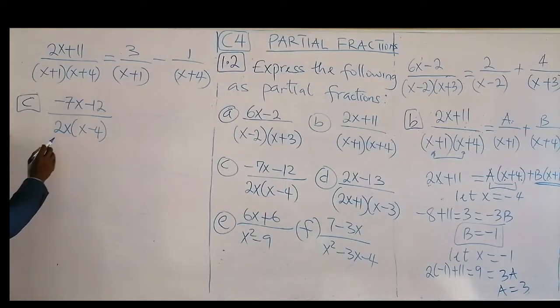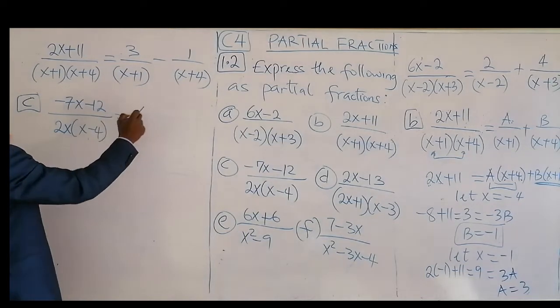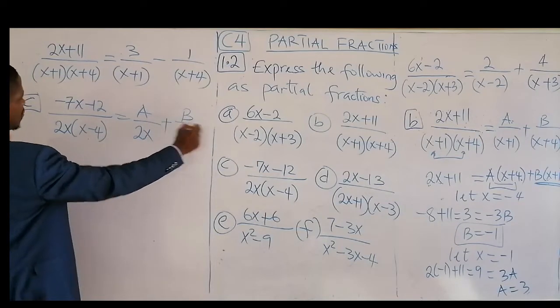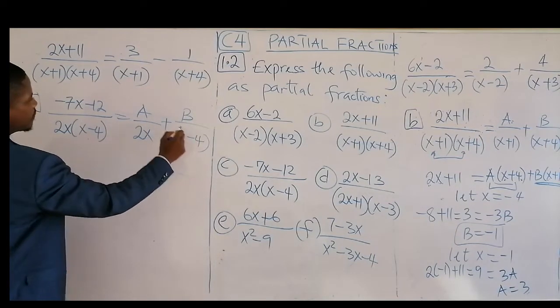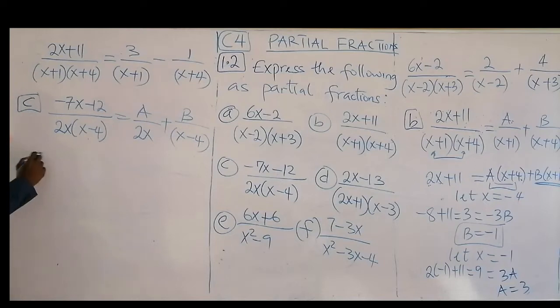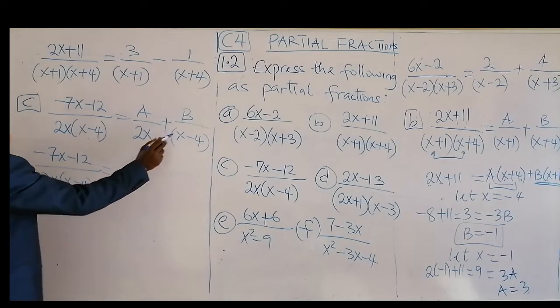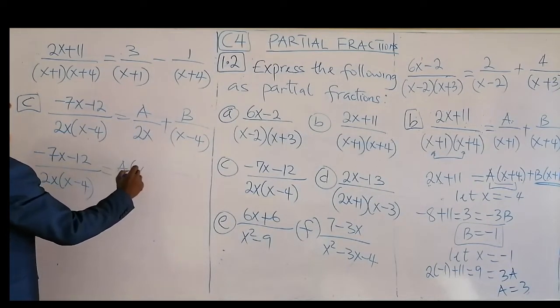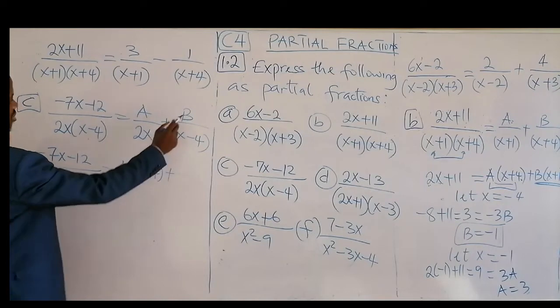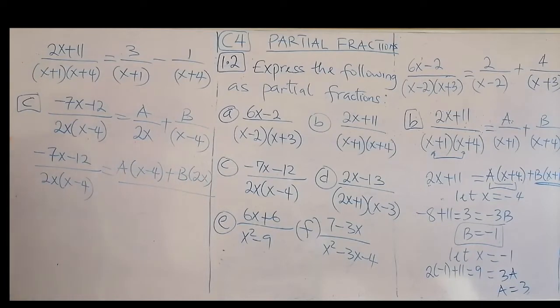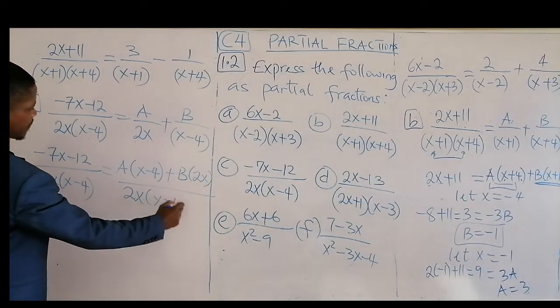The C part, the two linear factors here, we have 2x and x minus 4. So this will be equal to a over 2x, then plus b over x minus 4. And that will be equal to, all over 2x, x minus 4, equal to this times this, that's a over x minus 4, then plus this times this, b times 2x, all over 2x times x minus 4.